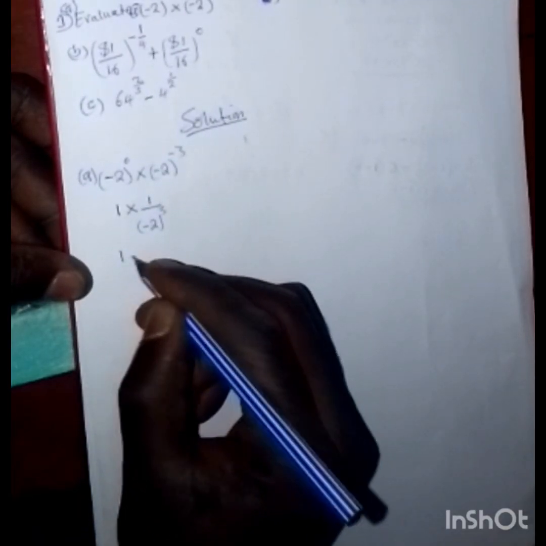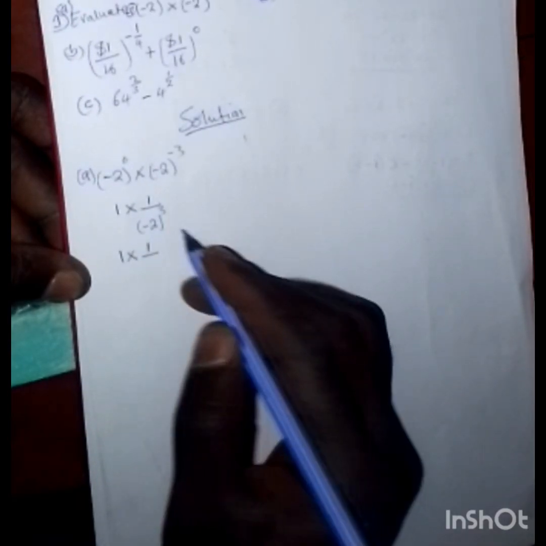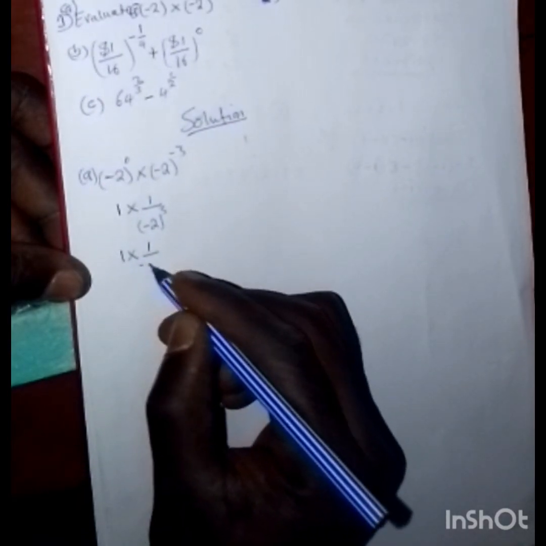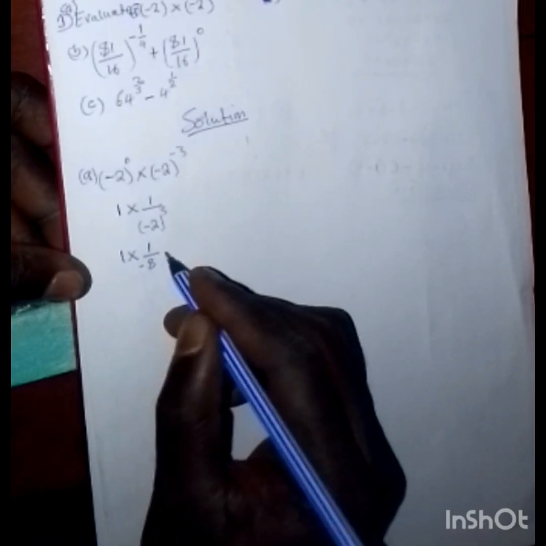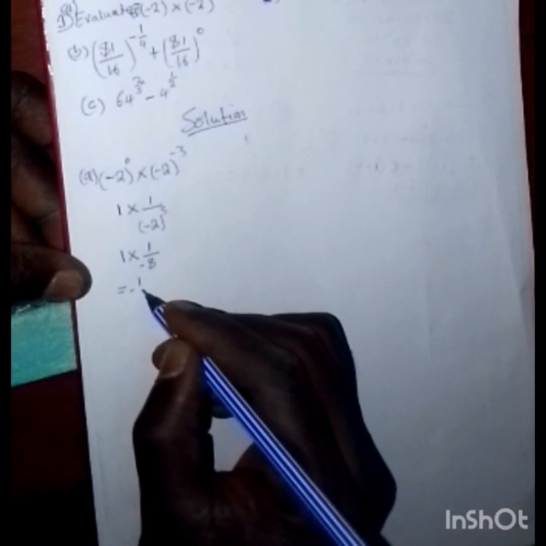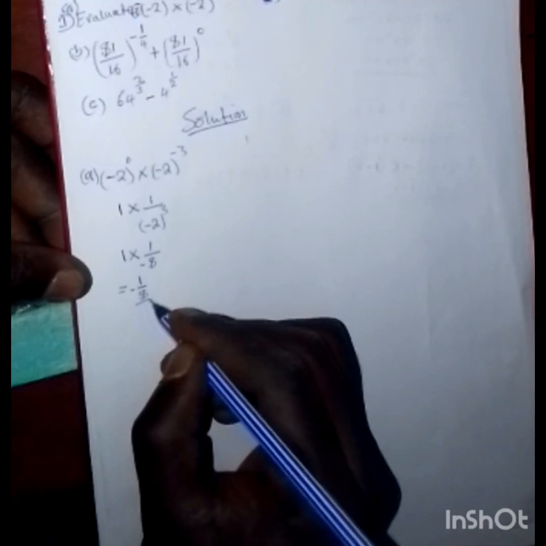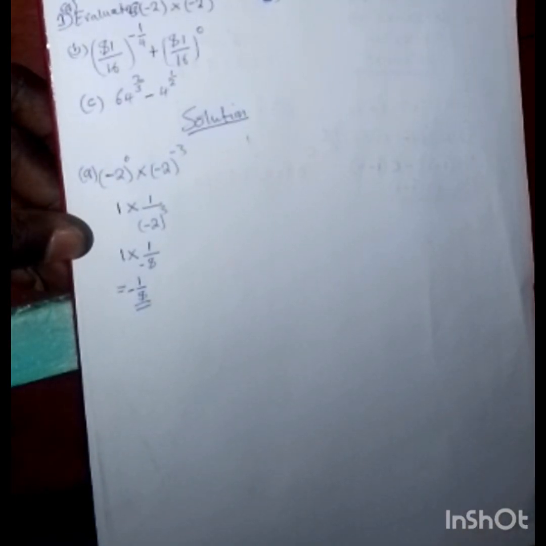So from here, we say 1 times 1 over (-2)^3, which is -8. So when you multiply this, the final answer is 1 over -8, and that is the correct answer. So you've seen that it's very simple, right?